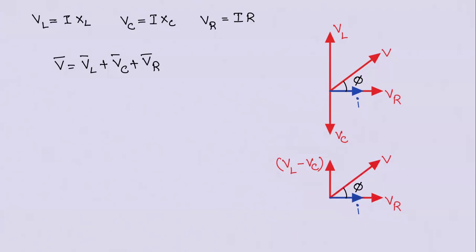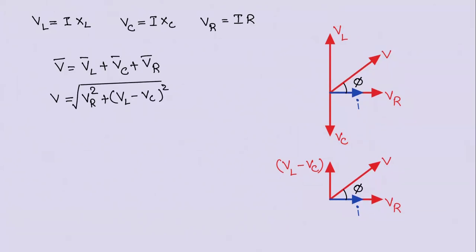So the magnitude of V can be written as the square root of VR square plus VL minus VC whole square. Now we substitute VR, VL, VC values from the above equations. Then V is equal to the square root of I into R whole square plus I into XL minus I into XC whole square.